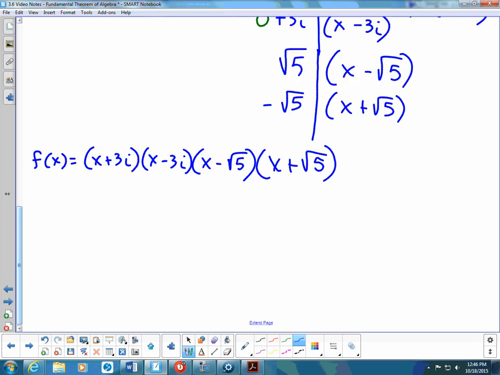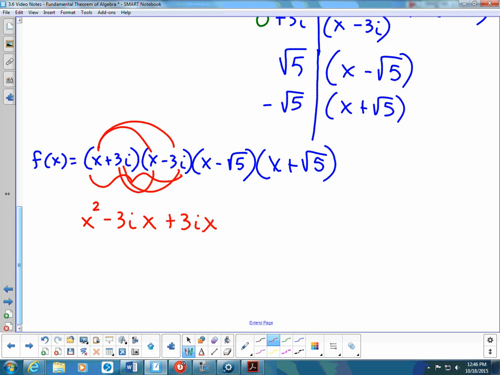So we need to put this in standard form, so we're going to multiply this out. If we multiply these two together first, we can just use FOIL, and we would get first terms x squared, outer terms minus 3ix, inner terms plus 3ix, and the last terms minus 9i squared, because 3i times negative 3i would be negative 9i squared.